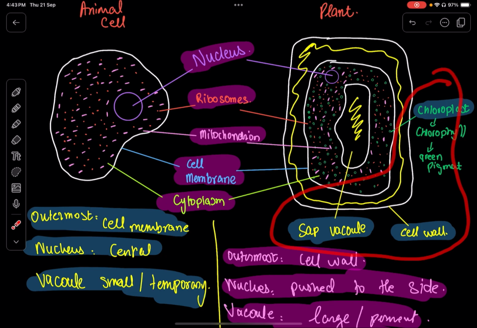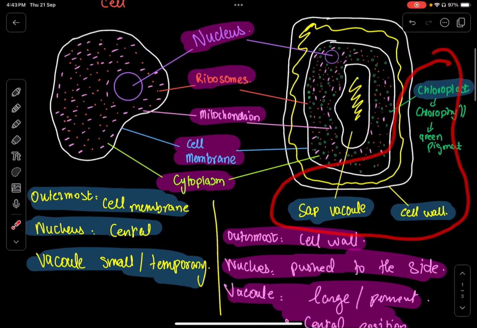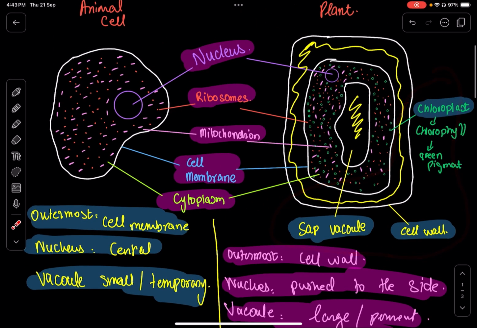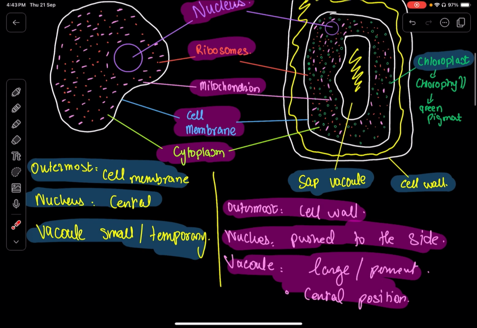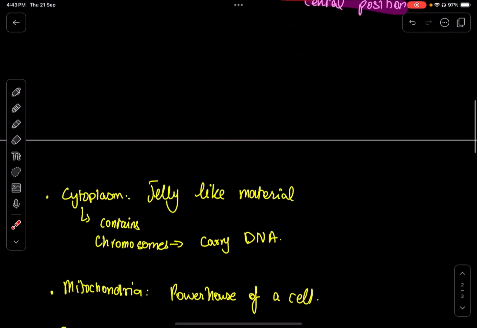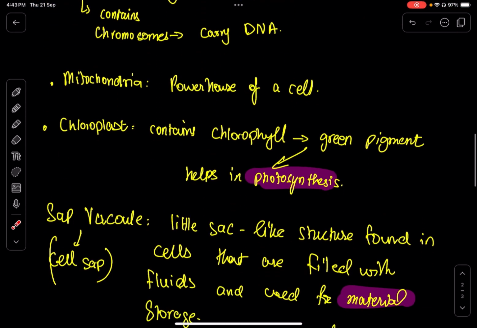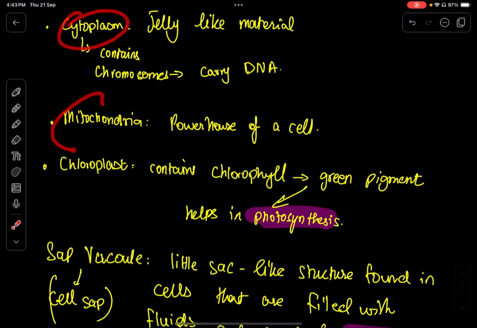And we know how to differentiate a plant cell and an animal cell based on the outermost layer, the nucleus, and the presence of vacuole. We also know what cytoplasm, mitochondria, chloroplast and sap vacuole are and what they do.